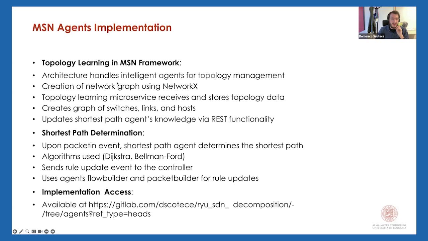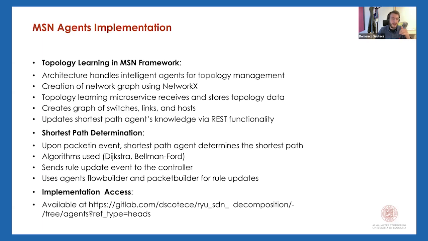One is for topology learning. This agent is able to understand what happened in the network, and by using a specific library for network graphs, NetworkX, it can recreate the topology.